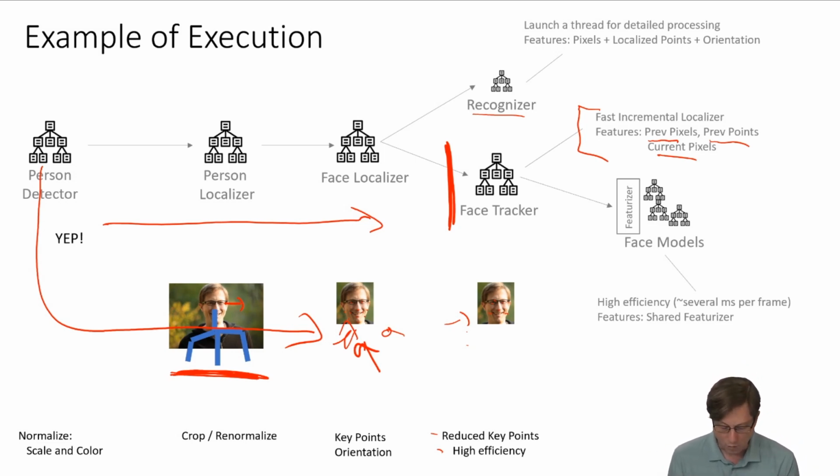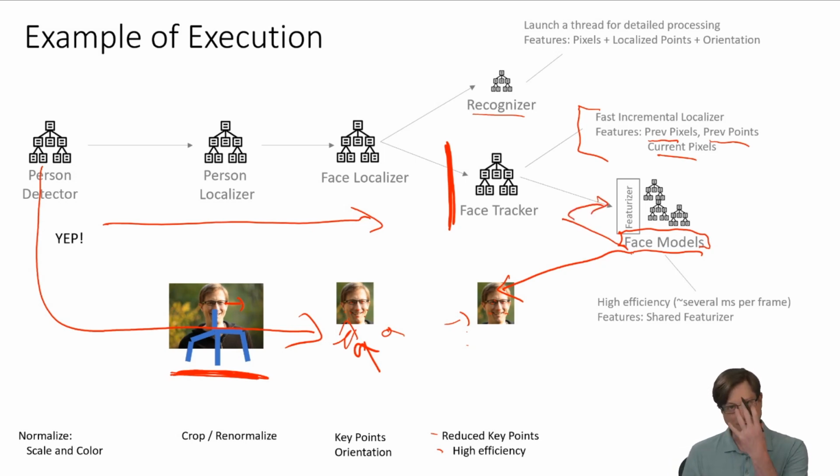Well, you could have a whole series of face models that take this as their input to process all sorts of different parts of the face. And you might even say in your architecture that all of these face models must use the same featurizer. There's certain filters that you run on the face, certain Gabor wavelets or gradients that you look for, or a neural network, whatever.